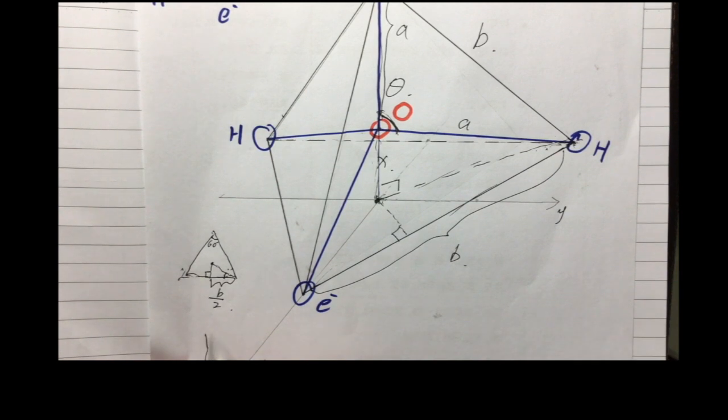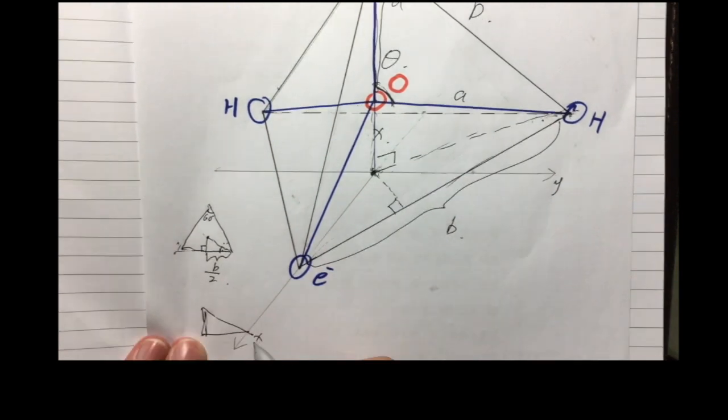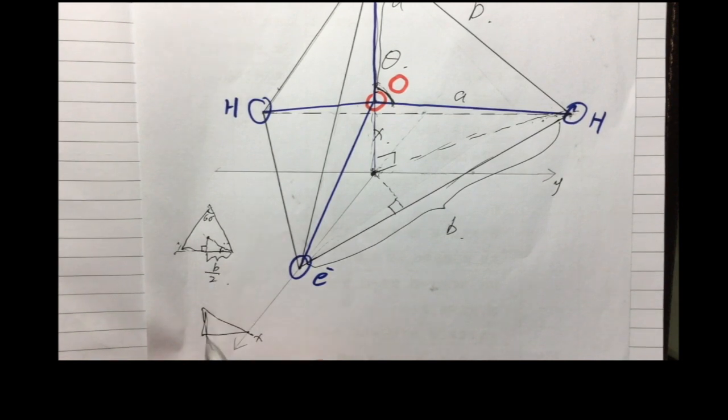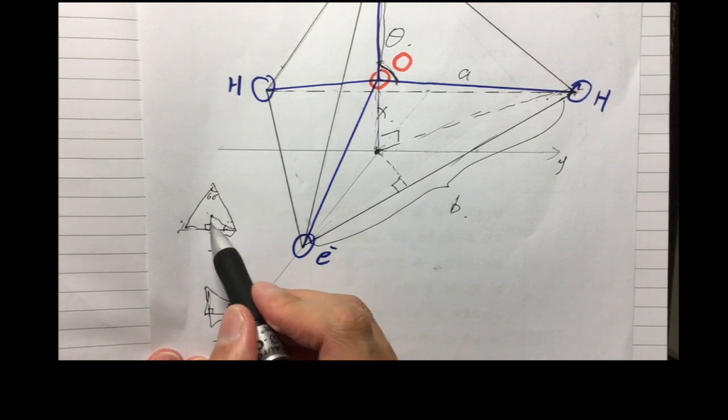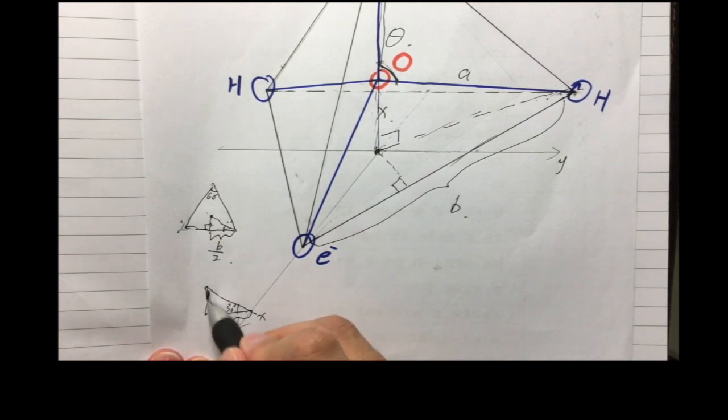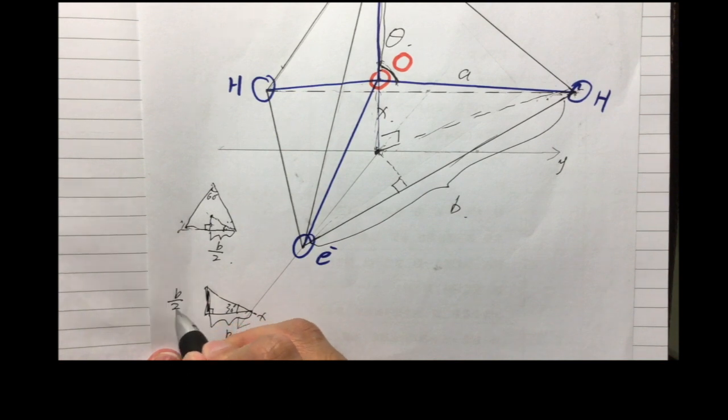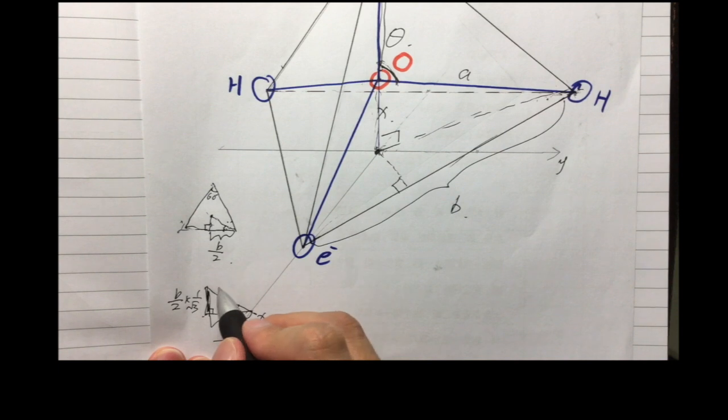I try to draw this triangle bigger so that you can see it clearly. Right, this is a length of b over 2. And this is 30 degrees, 90 degrees here. So this length will be b over 2 times 1 over square root 3, right? And this length will be twice this length.